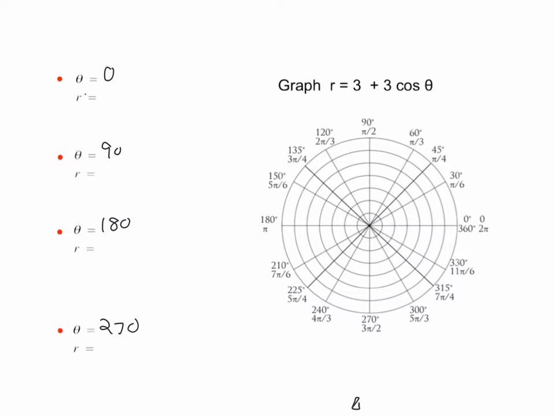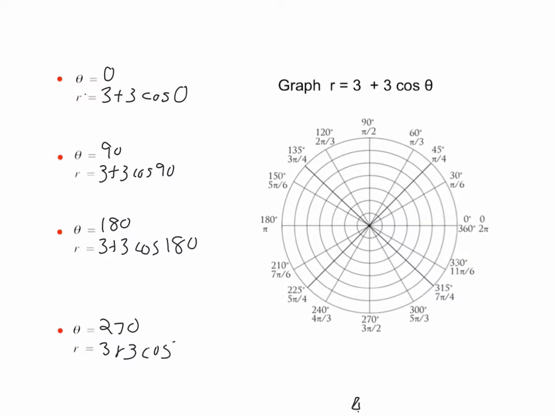And so then when I plug those in, my equation becomes 3 plus 3 times the cosine of 0 degrees, and 3 plus 3 times the cosine of 90 degrees, and 3 plus 3 times the cosine of 180 degrees, and 3 plus 3 times the cosine of 270 degrees. And the nice thing about these 4 numbers is they're nice, easy unit circle values. They're all going to be 0 or 1 or negative 1. We just have to be careful about which.